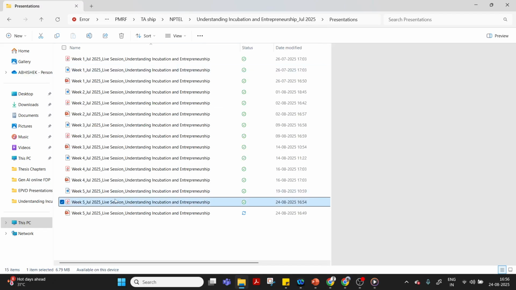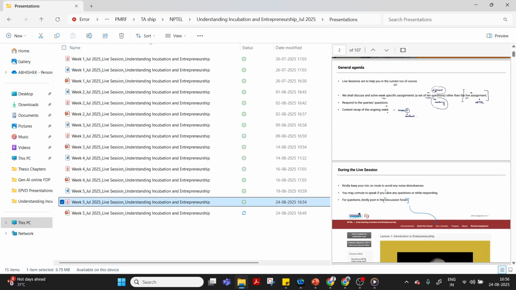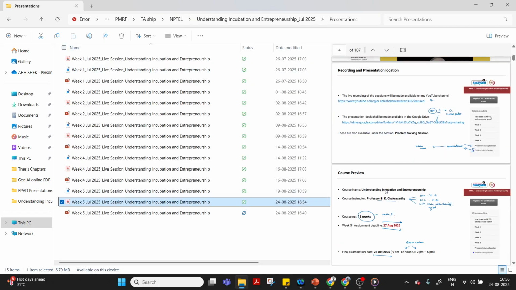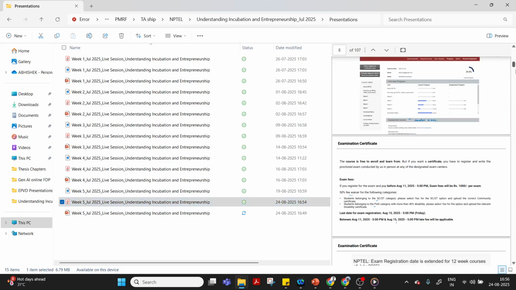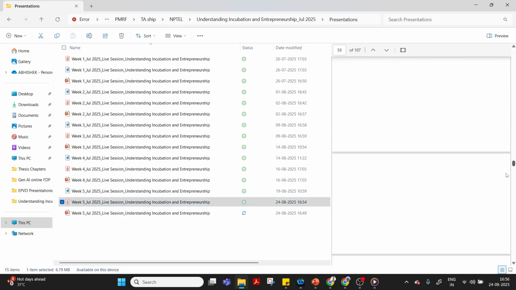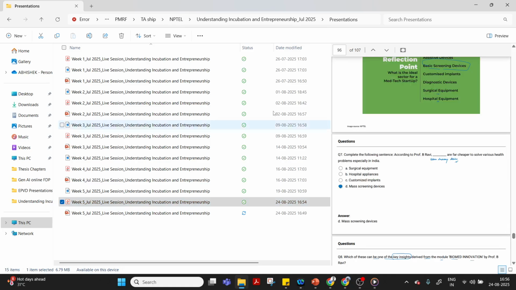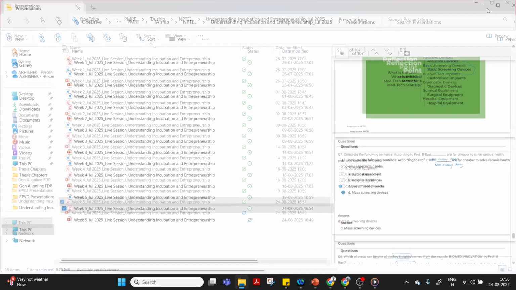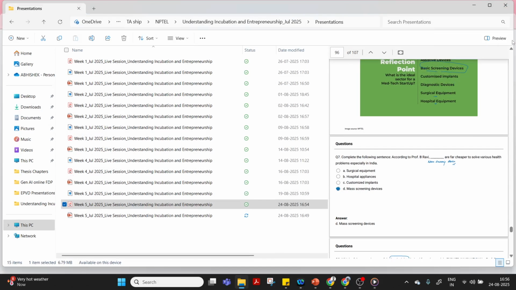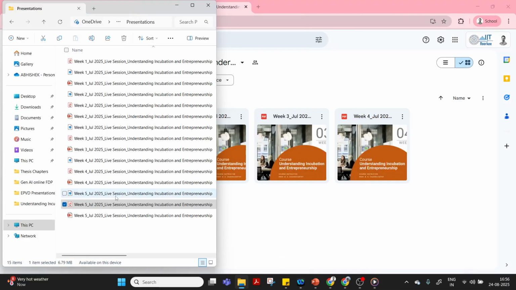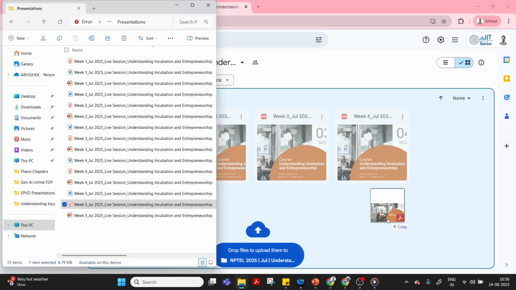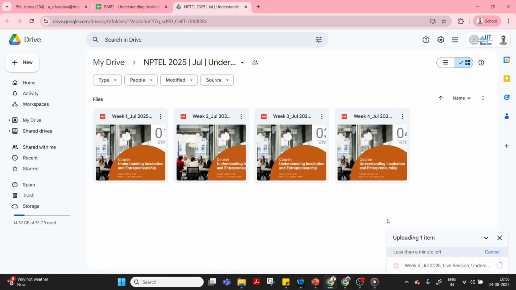This is week 5. If you're referring to week 5 here, you've got all the PDFs. Yes, it's in here. Great. So just make the window smaller and we'll upload the week 5 PDF.